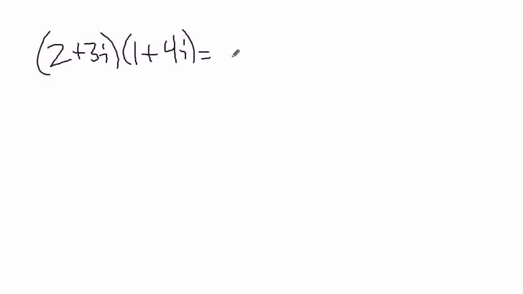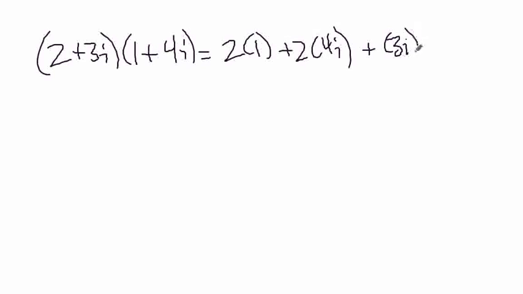So when you FOIL this out, you get 2 times 1 for the first, and then 2 times 4i for the outers, and 3i times 1 for the inner, and then for the last pair you get 3i times 4i. Okay, and then each one of those products can be done similarly to how I did the last example.